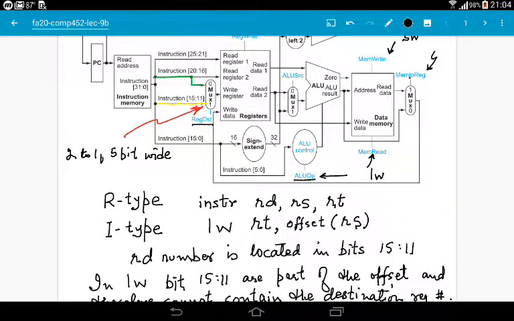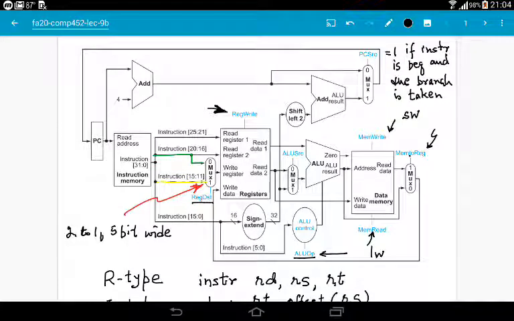All right. So now, what will be the outputs of our main controller? It is obvious that all these blue lines, RegDst, ALUSrc, these two lines ALUOp, PCSrc, MemWrite, MemRead, and MemToReg.